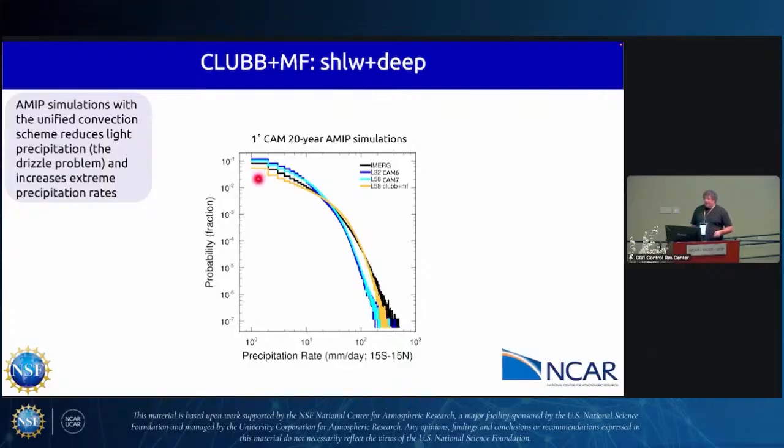And the yellow here is CLUBB-MF. The drizzle problem that gets expressed in CAM6 and CAM7 is shown where the line is more probable than observations for rain rates of about 10 millimeters per day or less. And CLUBB-MF seems to improve that quite a bit. It also produces more extreme precipitation events that you don't get for CAM6 and CAM7.